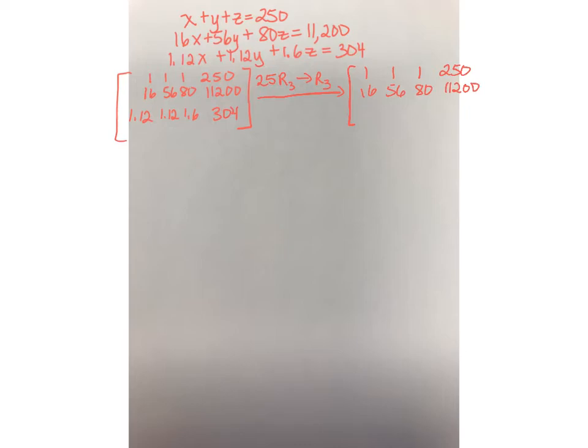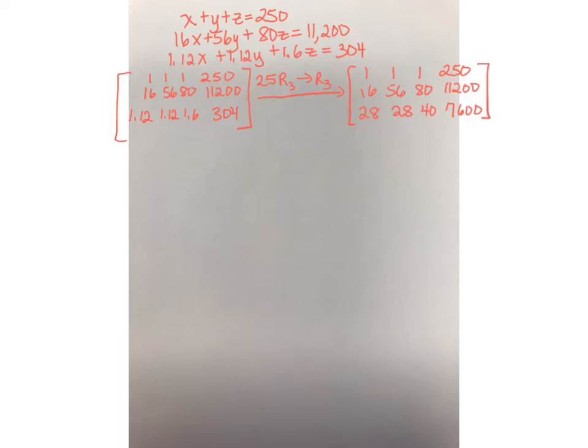Then 25 times 1.12 gives us 28, so our first two positions are 28. 25 times 1.6 gives us 40. And 25 times 304 is 7,600. Pause and do those calculations if you need to.